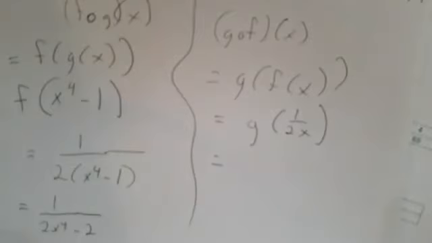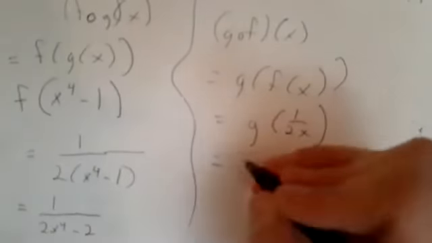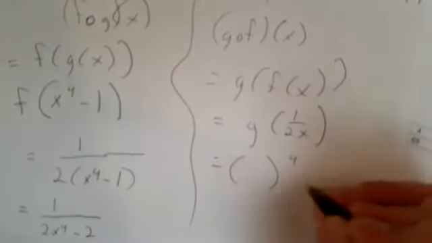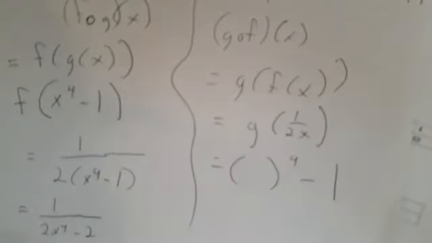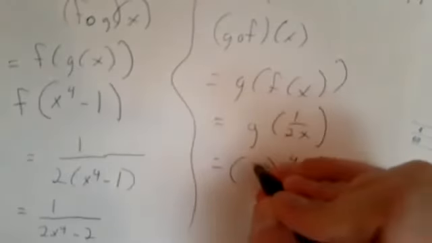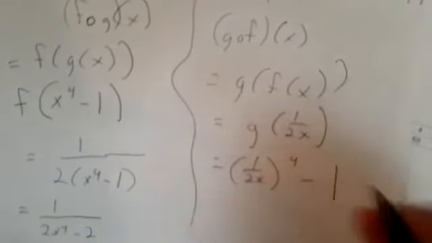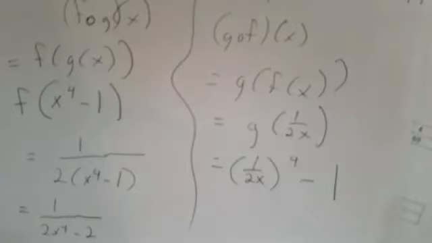And so I plug in my f function. Now I want to plug in my f function into my g function. The g function looks like x to the fourth minus 1. But instead of x, now the thing I'm plugging in is the 1 over 2x. Yeah, that should be fine there.